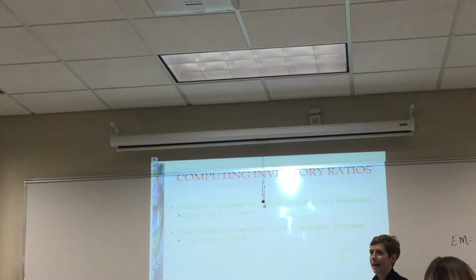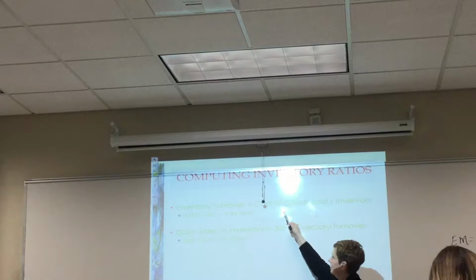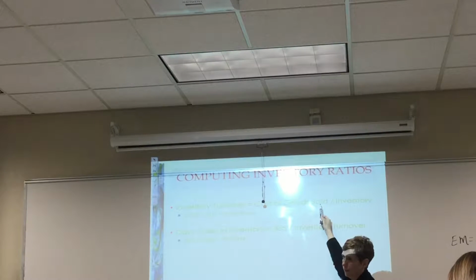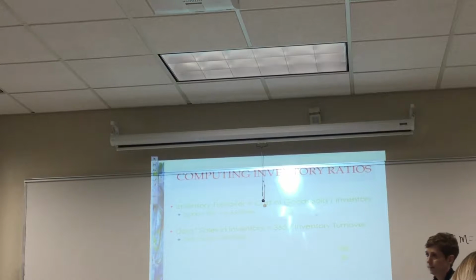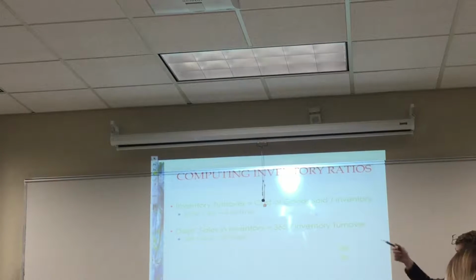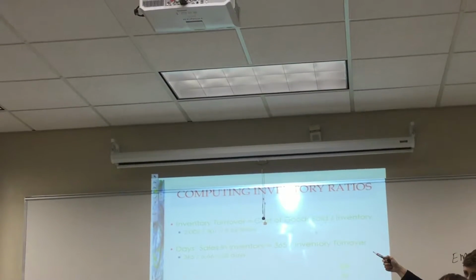Exactly. So, inventory turnover is the cost of goods sold divided by our inventory. And we end up with the sign of the devil here, 6.66.